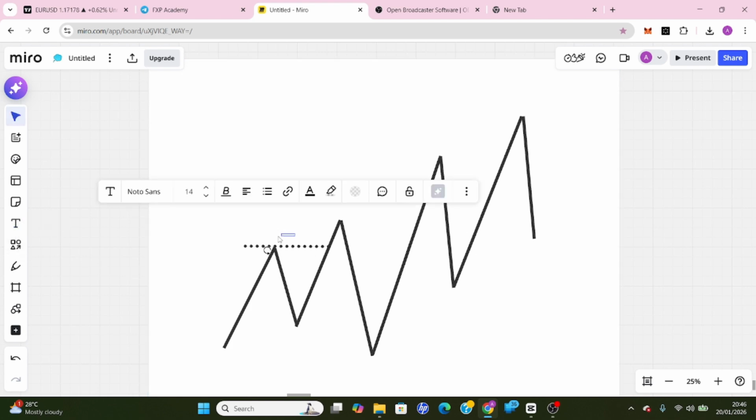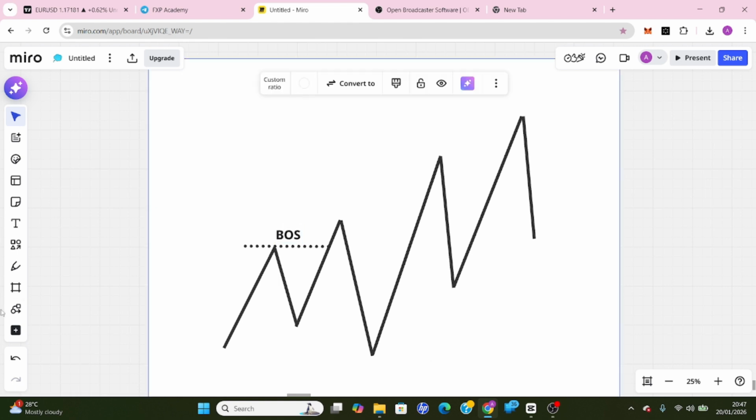We call it break of structure, BOS. Let me make it bold so that it will be nice for us to see clearly. So this thing is called break of structure.